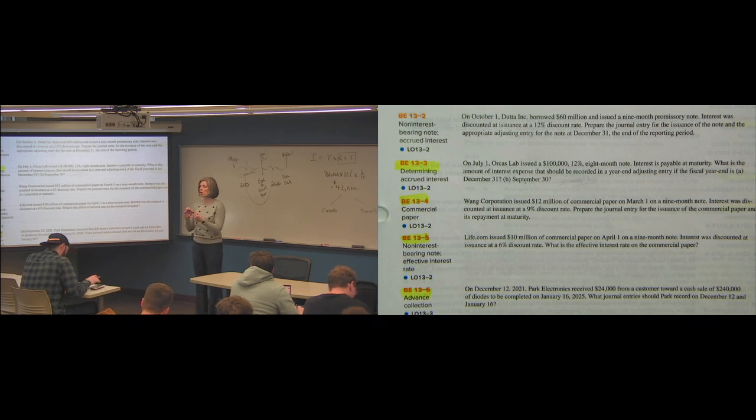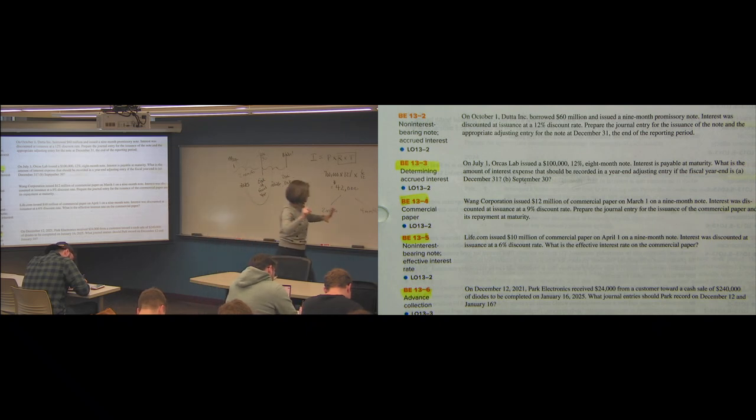Because July 1 is all of July, right? All of August, all of September, all of October, all of November, all of December. No shame in using your fingers to count months, okay? No shame. So what do you get? 6,000.